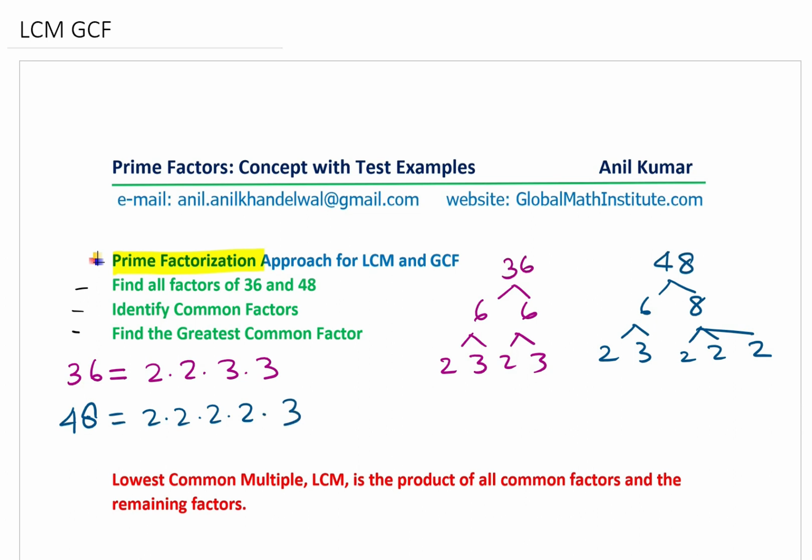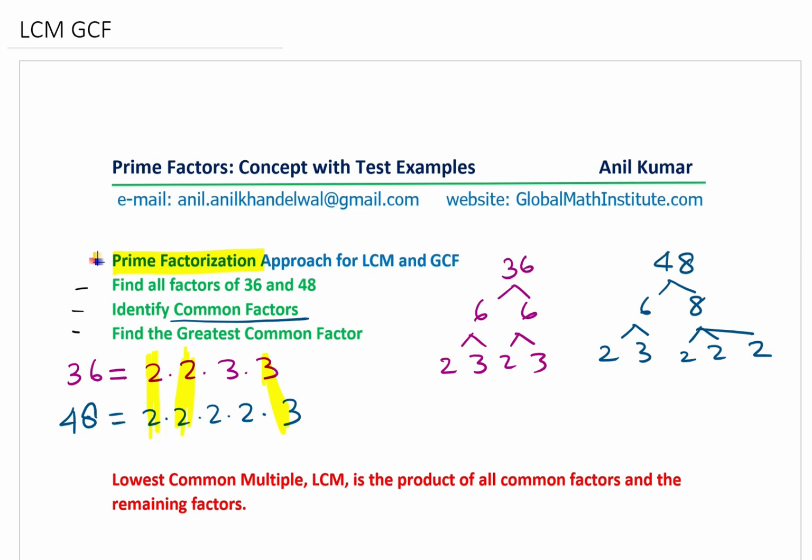Now we have to identify the common factors. So the common factors identified are, let's write down. So common factors are, we'll write common factors. Let's shade them. So we have common factors of two 2's and one 3. So these are the common factors.